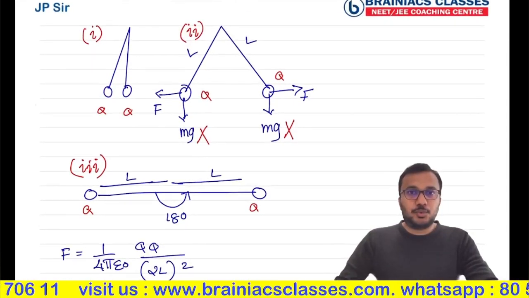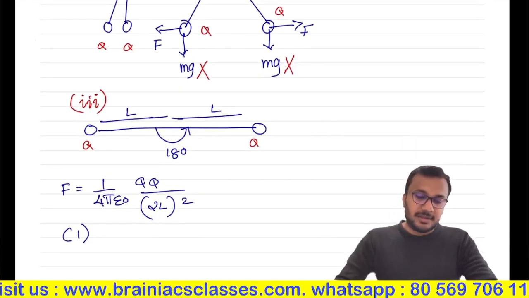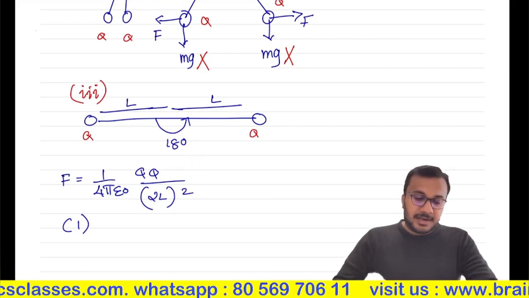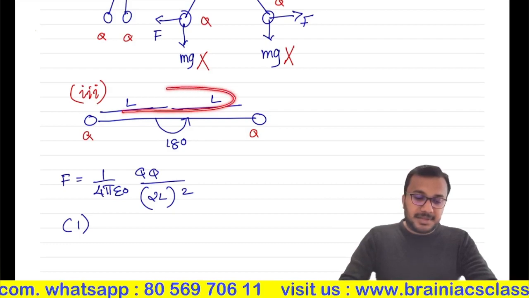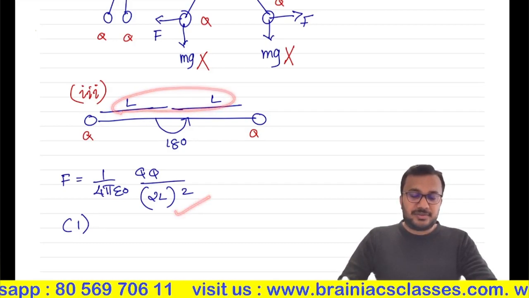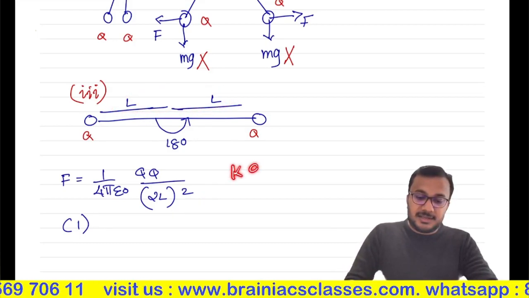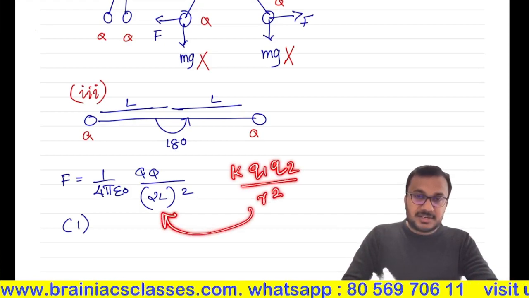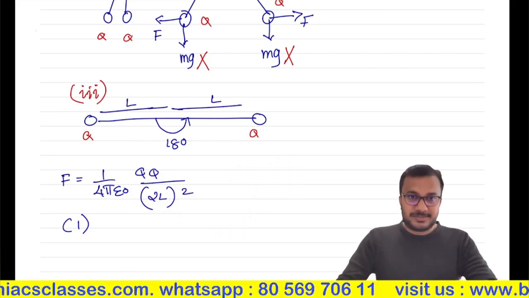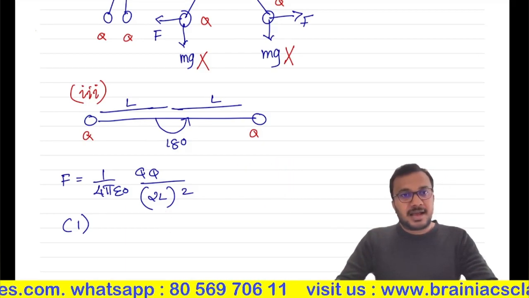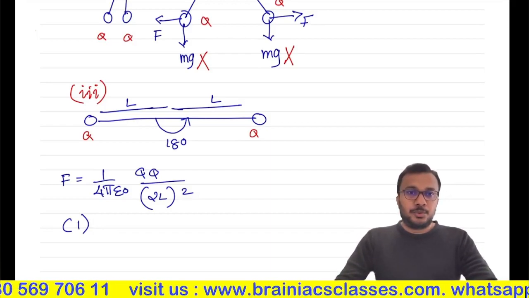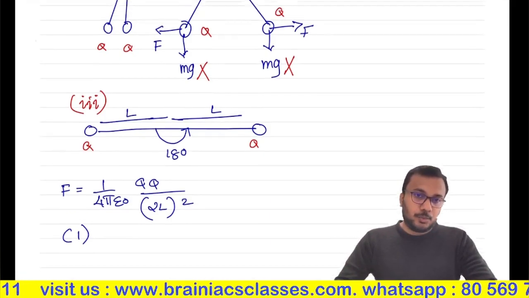Everywhere it is called q charges. Now the product of the charges is q into q, and the distance between them is L plus L in total, which is R. The formula is K into q1 q2 by R square, so this R square is nothing but 2L the whole square. So this is the answer: angle equal to 180 degrees and force equal to q into q divided by (2L) square.